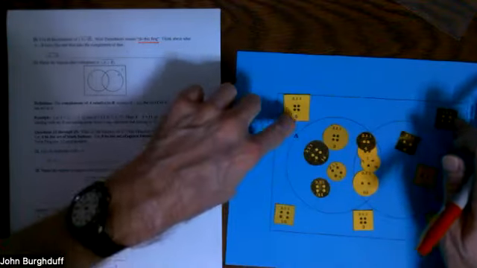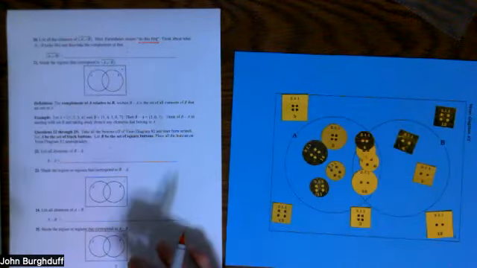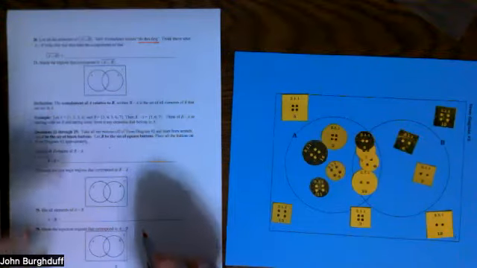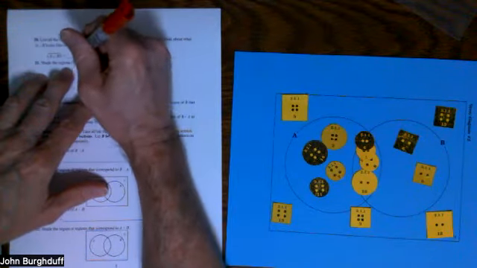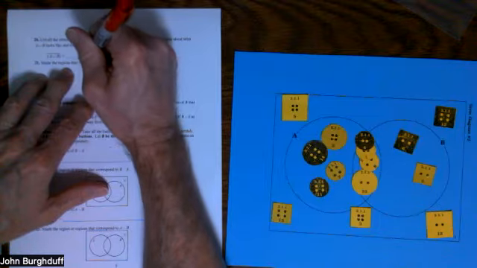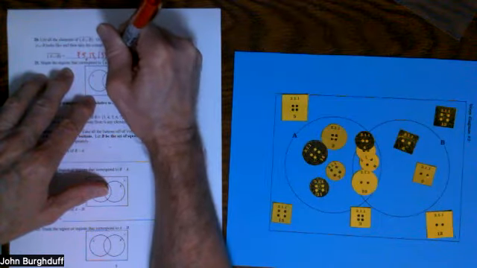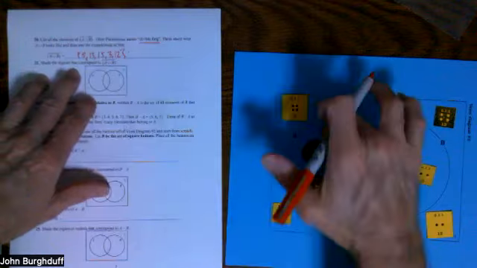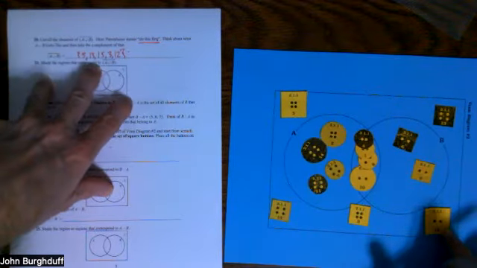And that would be these guys out here in sort of this outer darkness in the universal set still, but not in either circle. So A union B complement would include the buttons 5, 15, 3, 13, and 12.